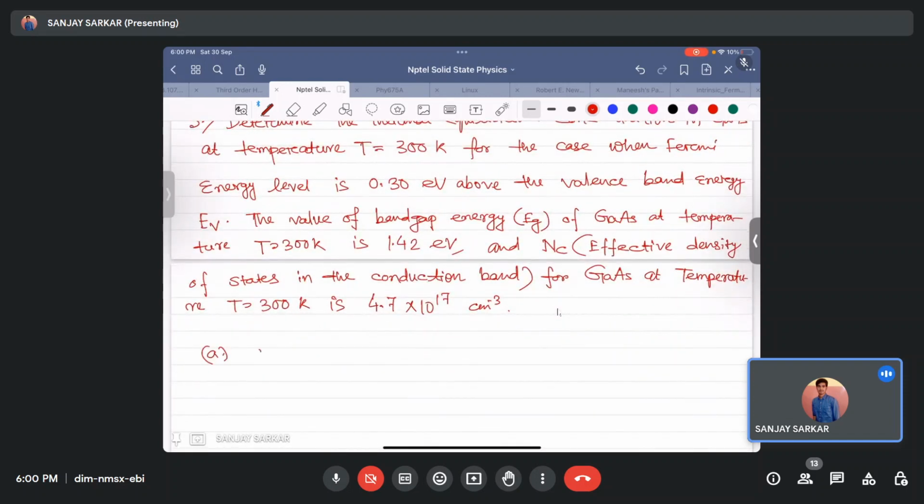Option A is 6.53 into 10 to the power 13 centimeter cube. Option B is 5.73 into 10 to the power 3 centimeter cube. Option C is 0.0779 centimeter cube inverse, and option D is 0.6.